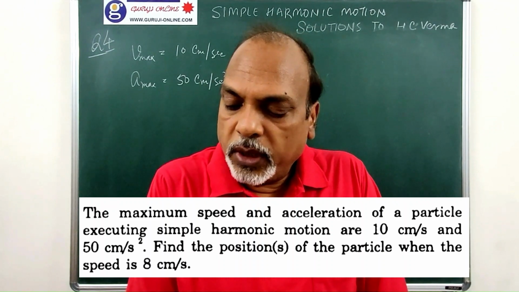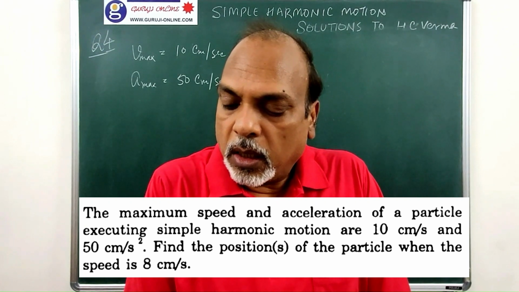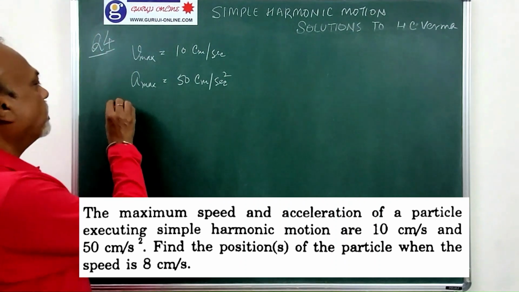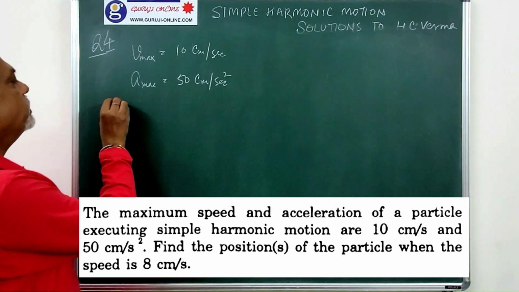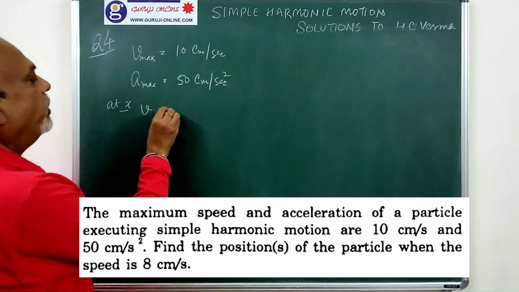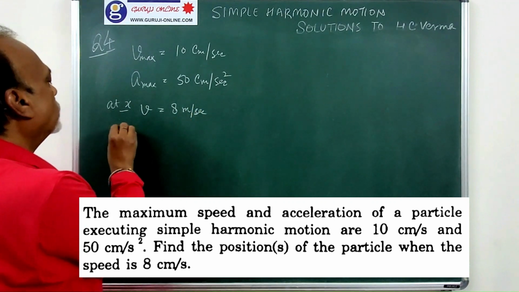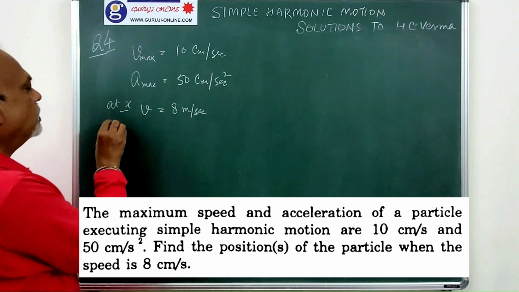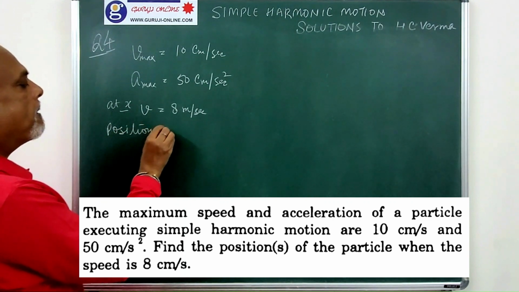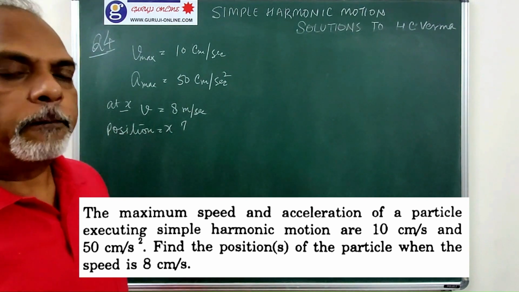Find the position of the particle when speed is 8 centimeter per second. So suppose that position is x. So at x, v is 8 centimeter per second. So we have to find out the position.